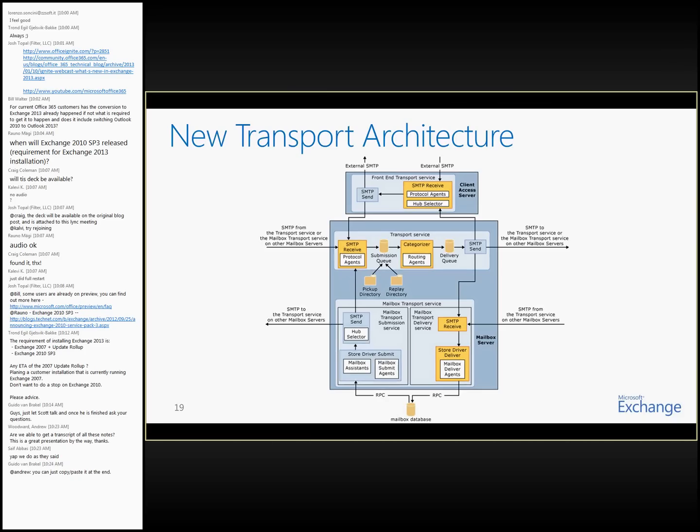Now, a delivery agent connector or a foreign connector is used as a routing destination for non-SMTP messages. And the last kind would be the distribution group expansion server, which is a routing destination when a DG has been designated and an expansion server has been chosen to expand that list. And a distribution group expansion server is always the hub transport service or the transport service on an Exchange 2013 mailbox server.